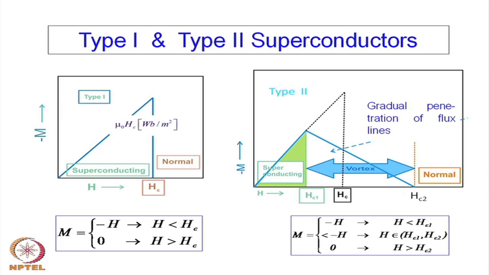In a superconducting state there is no flux penetration, whereas in the normal state there is complete flux penetration, whereas in the vortex state there is a limited amount of flux penetration, and as the magnetic field increases more and more flux lines penetrate, and finally at a value of Hc2 the complete penetration takes place and the superconductor is converted to a normal material, that means it is no longer a superconductor. So, that we have earlier discussed.